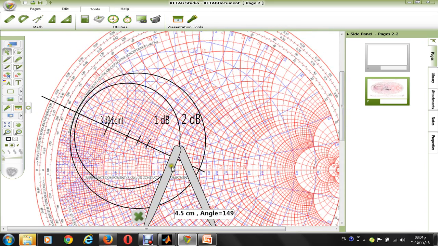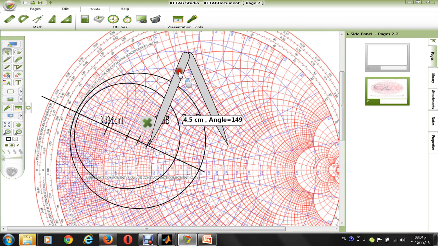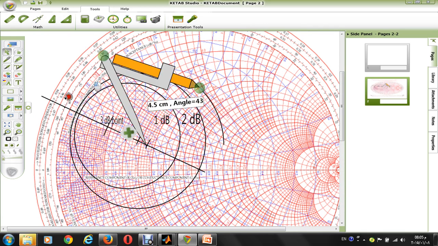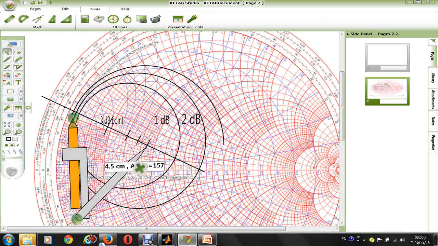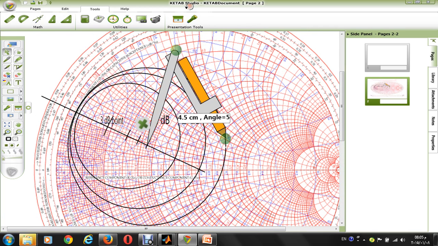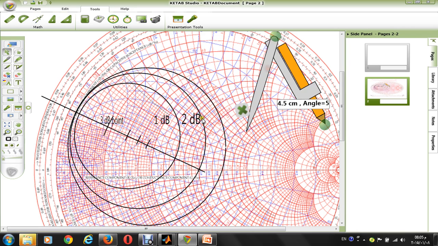Now, like this, I go back, and from the center I marked, now I need the pencil. I draw, I'm sorry, this is the 0 dB circle.